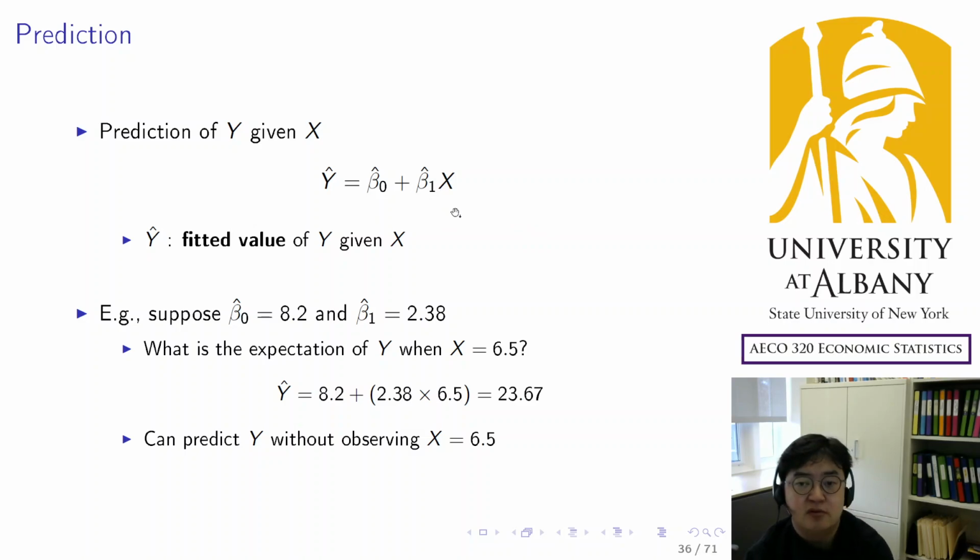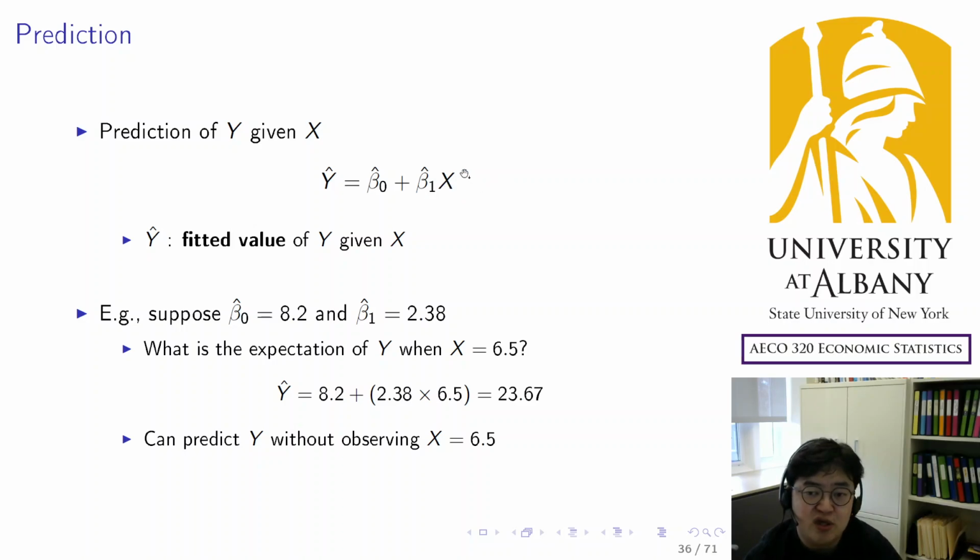So for example, I would like to estimate the expected cost when I produce 10 units, right? Then you can put 10 here and put the estimates in for beta 0 and beta 1. Then you can calculate y as an estimated value. We call that the fitted value. We are going to fit y into x.